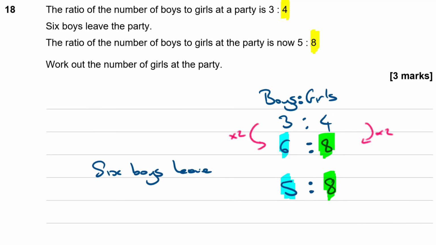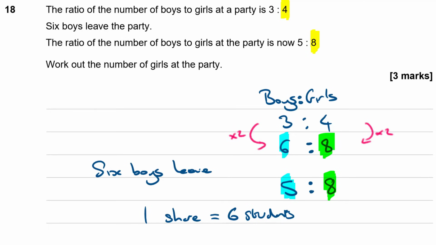So overall, we've reduced the number of shares of boys by 1 when 6 boys left. So I conclude from that that 1 share is equivalent to 6 students.